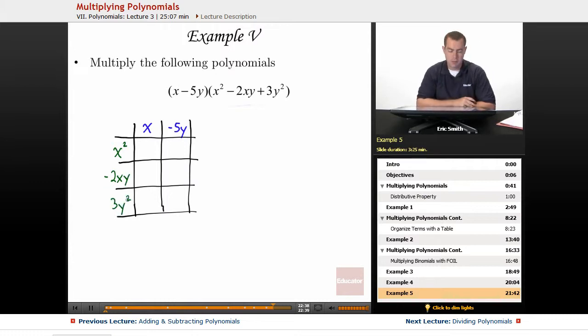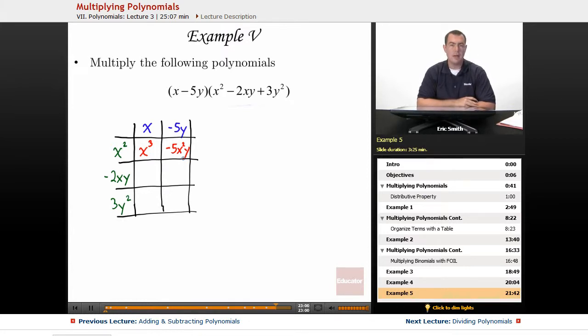Okay, now comes the fun part. Just fill in all of those blanks by multiplying a row and a column. So x squared times x would be x to the third. X squared times a minus 5y, minus 5x squared y. Okay, on to the next row.